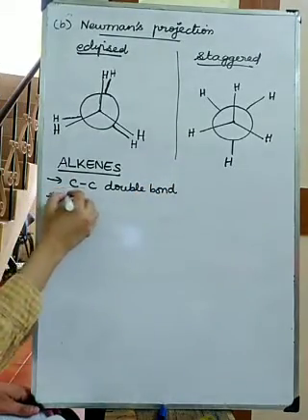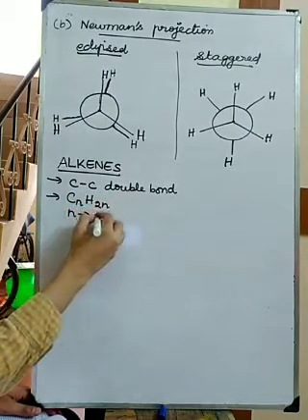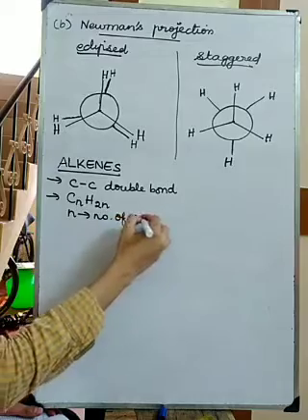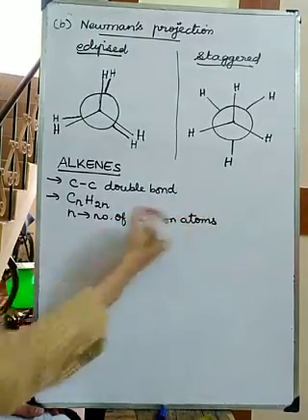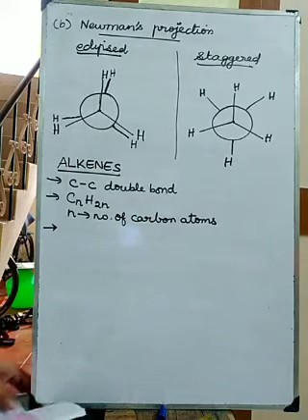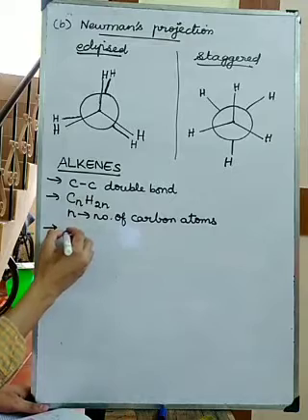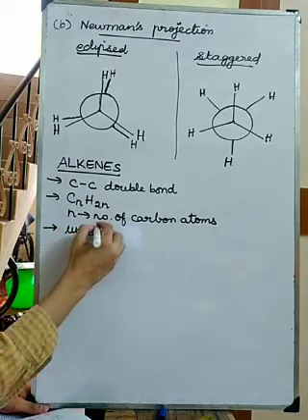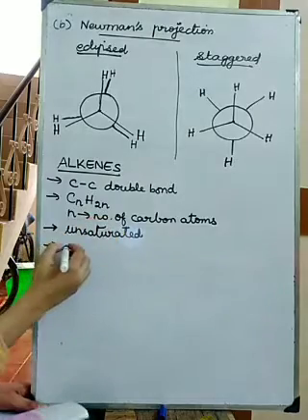What is the general formula for alkenes? CnH2n, where n is the number of carbon atoms. What are the other properties of alkenes? They are unsaturated. Double bonded means they are unsaturated compounds.